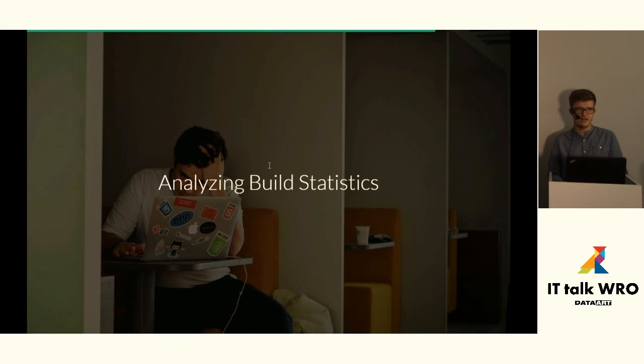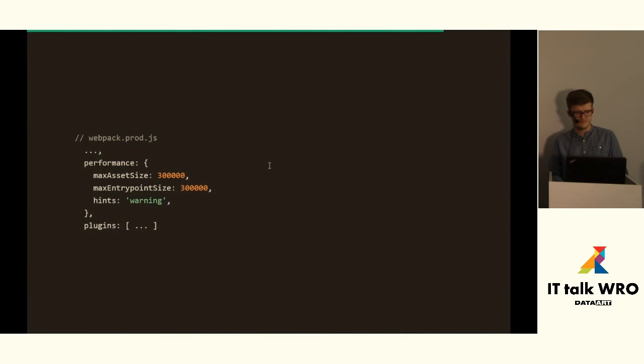So actually, there are a lot of third-party tools to analyze it. And the simplest is to use a small performance setup in the Webpack prod.js. You can specify a maximum file size, and if some of the chunks are over it, it shows you a warning, or instead of a warning, you can make it an error.